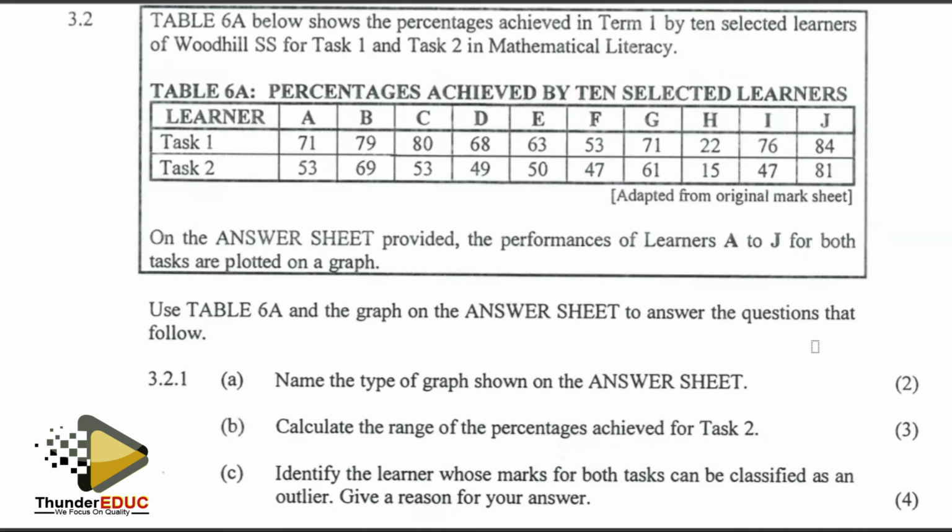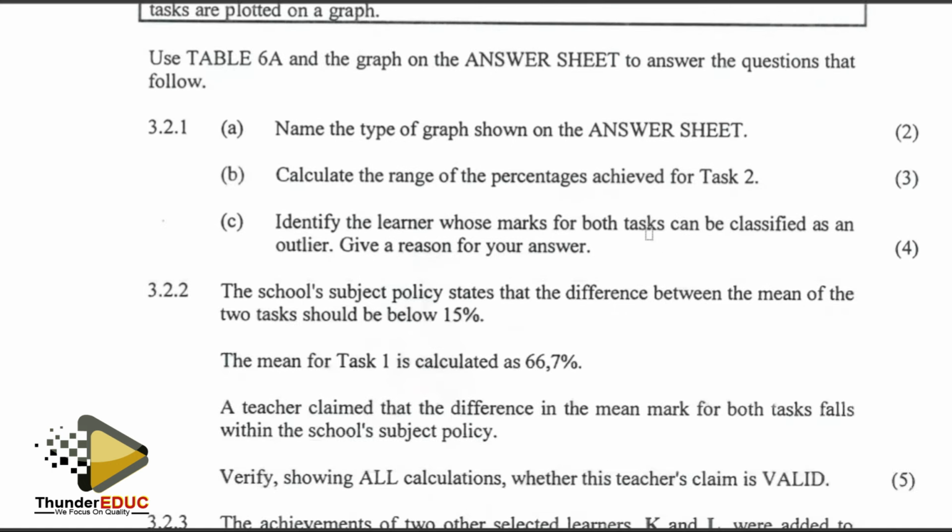On the answer sheet provided, the performance of learner A and J for both tasks are plotted on a graph. Use Table 6A and the graph and answer sheet to answer the following questions. Name the type of graph shown on the answer sheet.